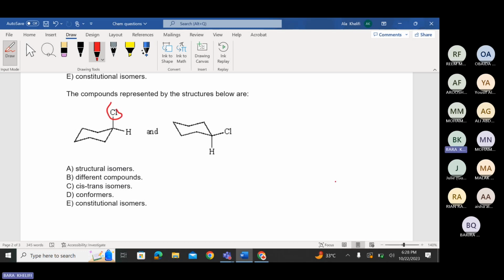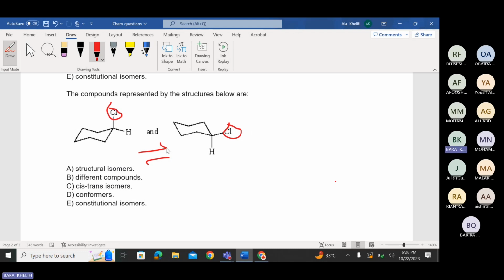So we can see here, for example, the Cl is axial, and here it's equatorial. So here we have a flipping incidence, where we flip it from equatorial to axial, and vice versa.